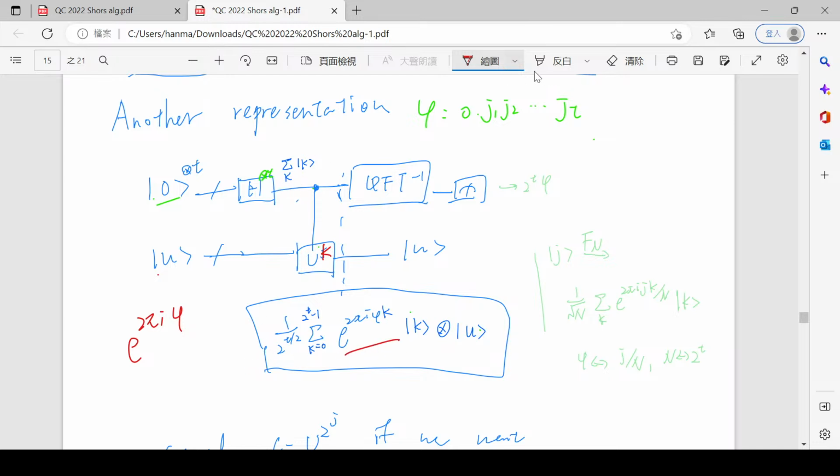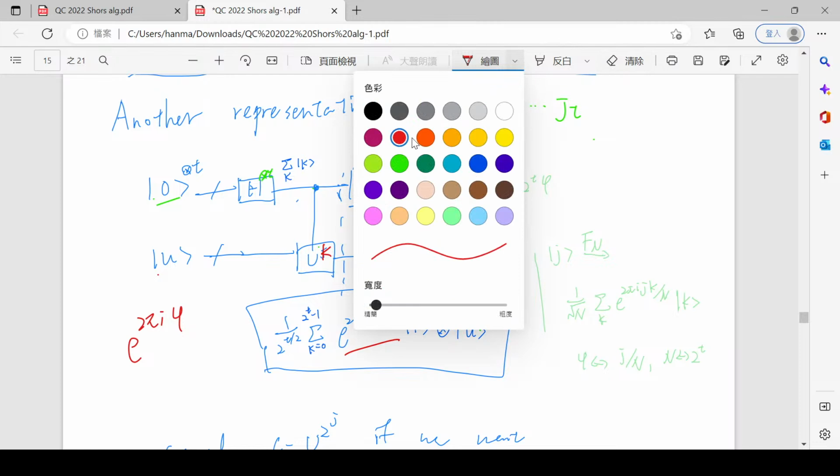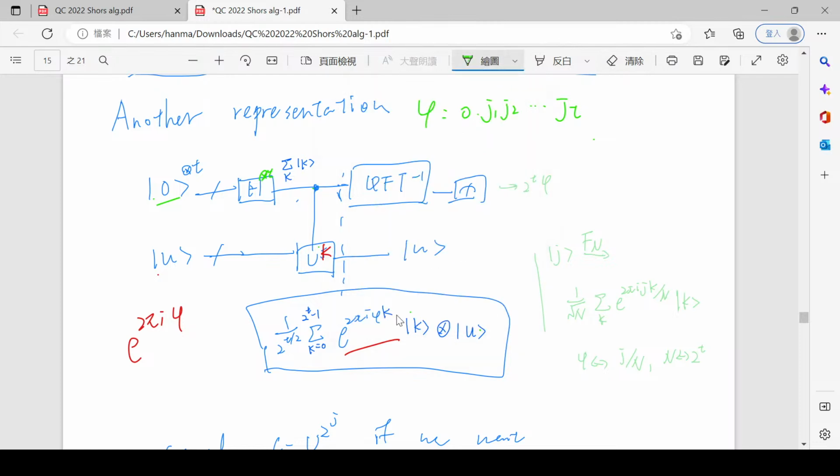Yeah, sorry. So that's how you get this e to the 2 pi i phi k. And this extra 2 to the t over 2 is just a thing I forgot to write here. And because everything is phase kickback, the second register still stays tensor u.